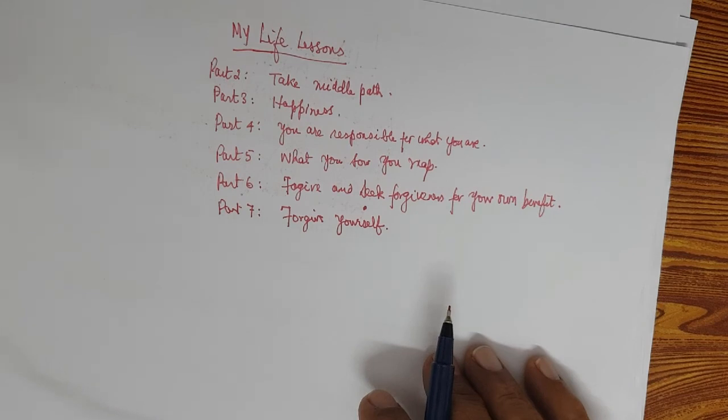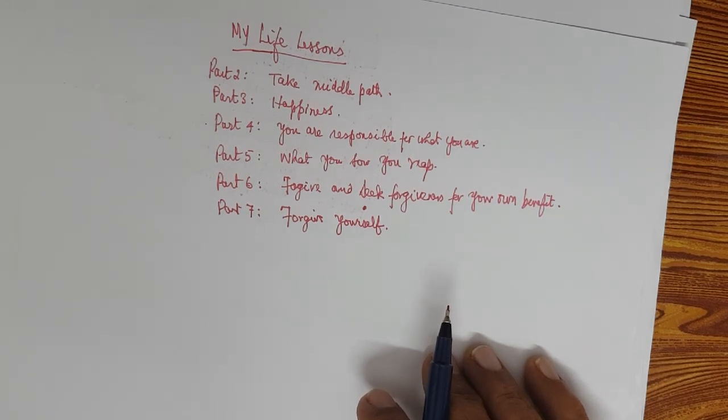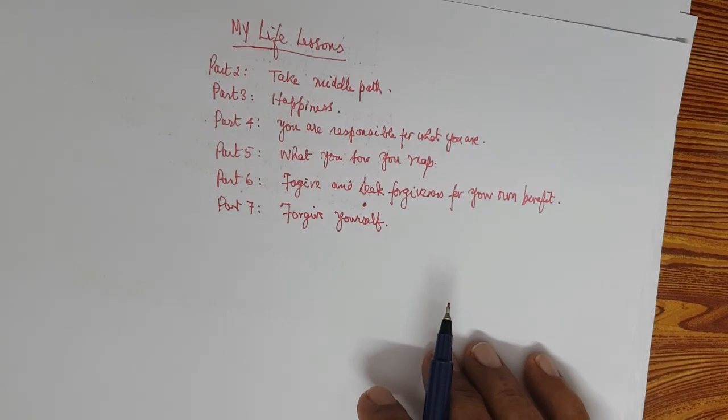Think about the future. Forgive yourself. You are fine. Whatever mistake you have made, you learnt a lot of lessons from that. From the lessons, come forward and move on. Don't be pondering over the past. Forgive yourself.